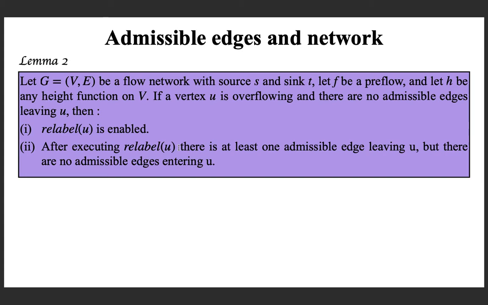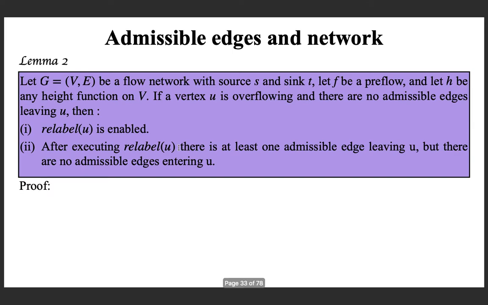And also it claims that there cannot be an admissible edge coming into U. Going out of U, you will be getting one, and you will not have the reverse case, that is, an edge coming to U which is admissible.